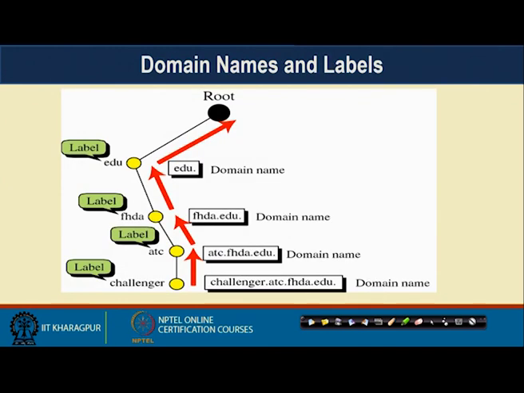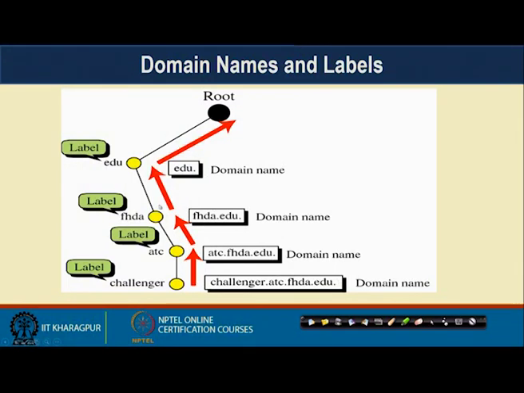Now, above the TLD is the root domain. So, a typical example is, say, challenger.atc.fhda.edu. So, this is an overall domain name.